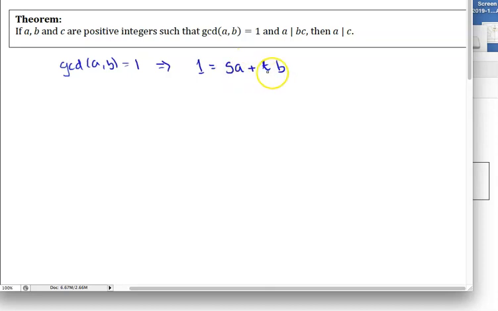So a number times a plus a number times b. So this is our first premise.